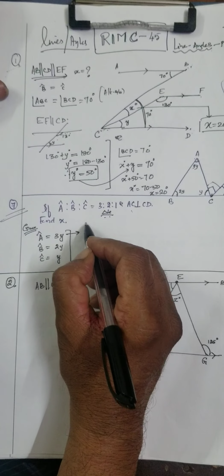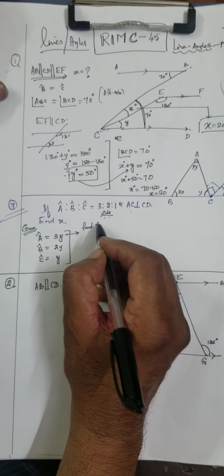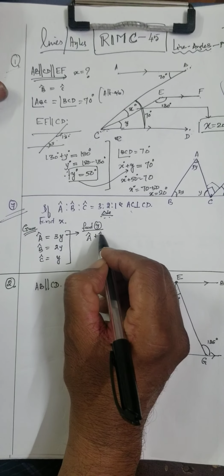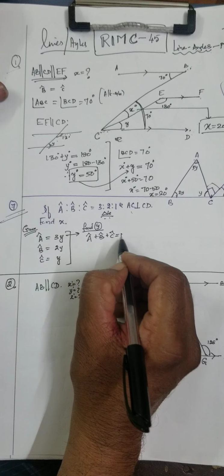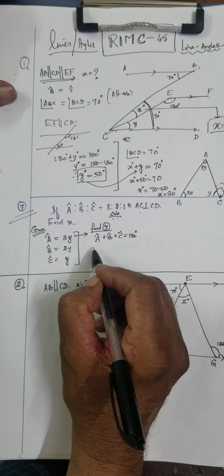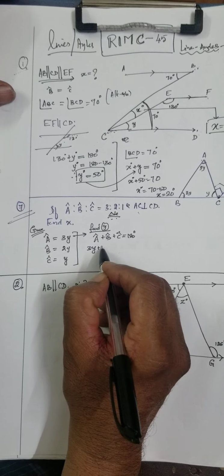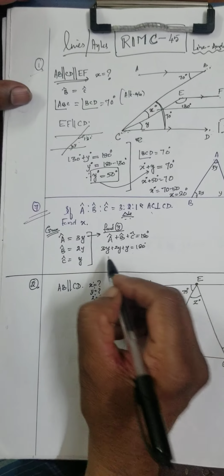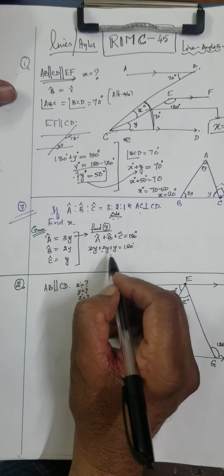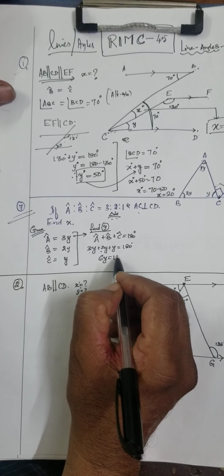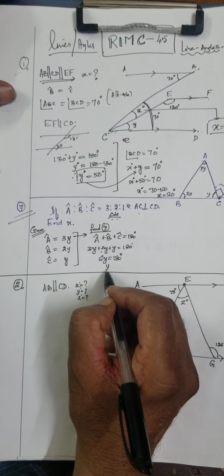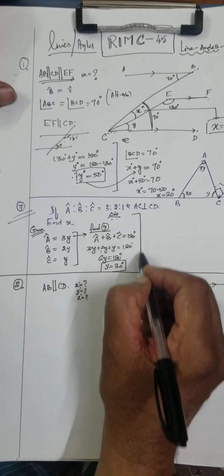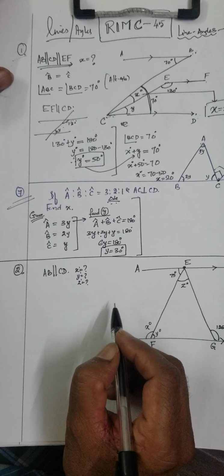In any triangle, angle A plus angle B plus angle C is equal to 180 degrees. That is 3y plus 2y plus y is equal to 180 degrees. 3 plus 2 is 5, 5 plus 1 is 6, so 6y equals 180 degrees, or y is equal to 30 degrees.